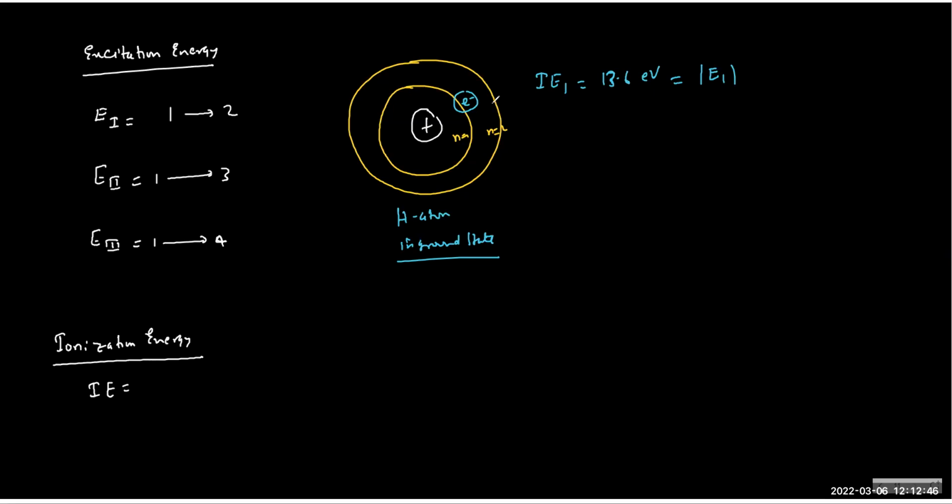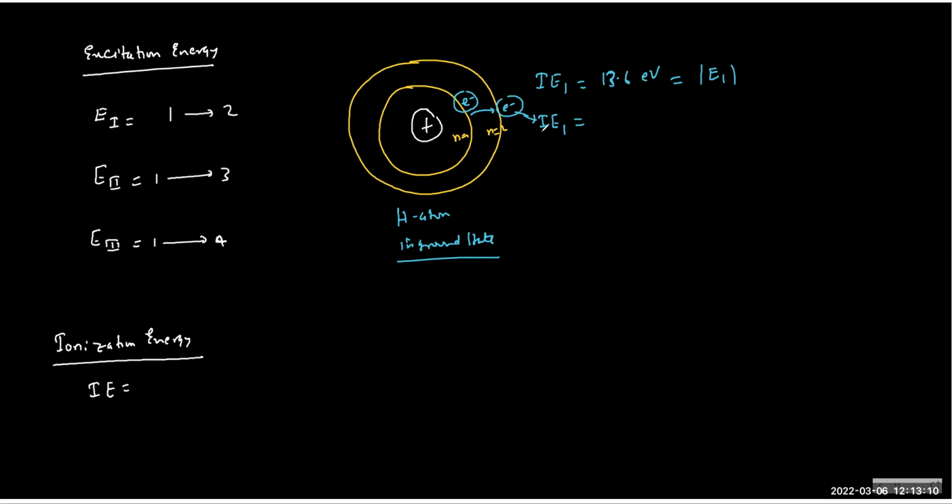Similarly, what happens if the electron goes here? It is already in the excited state, and now I want to remove it. What can I say about the ionization energy for this case? I cannot say 13.6, because it is already excited.